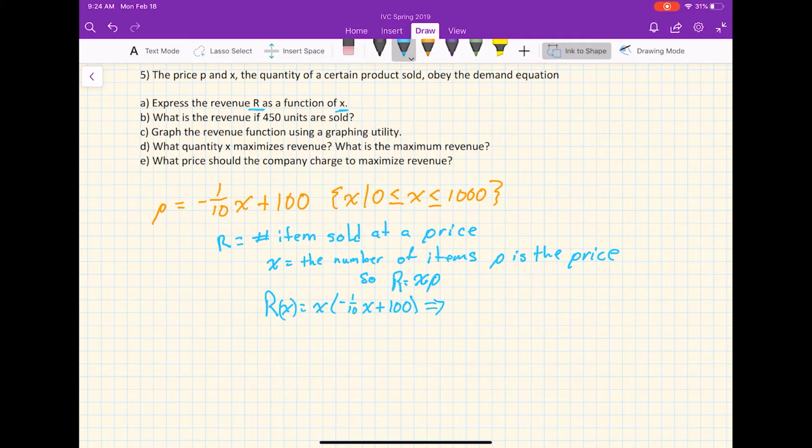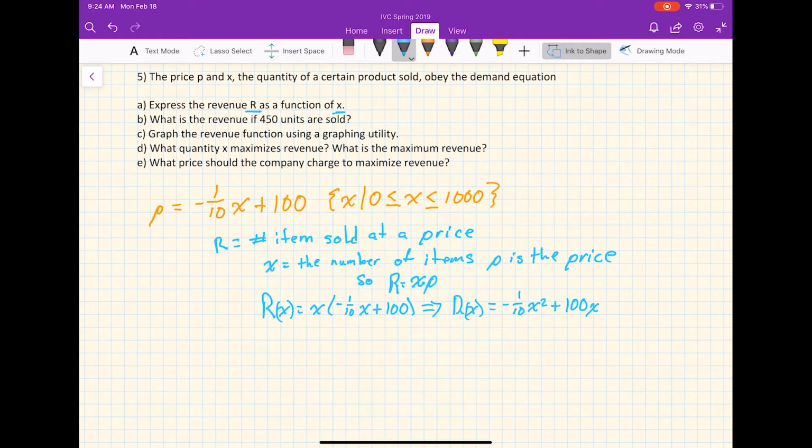Then, of course, we can distribute that out to be negative 1/10 x squared plus 100x. So that's our answer for A. Then we look into B. What is the revenue if 450 units are sold?